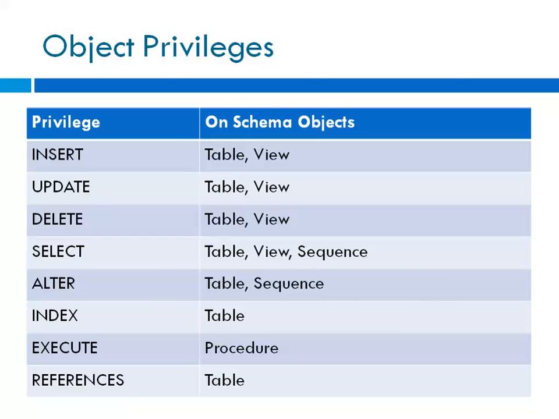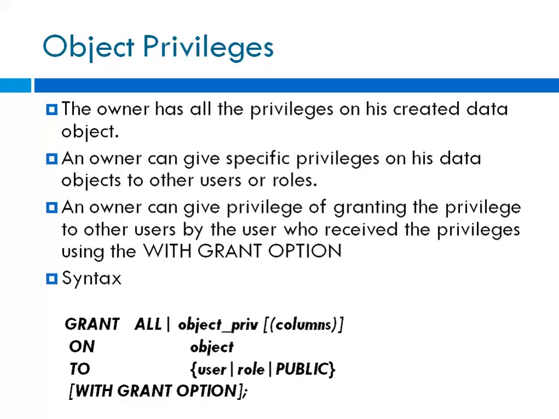These privileges are taken by default by the user on all his created data objects. An owner can give specific privileges on his data objects to other users or roles. So if the owner wishes, he can give the privileges on his data objects to other users or roles which are existing. So users and roles must be previously existing.